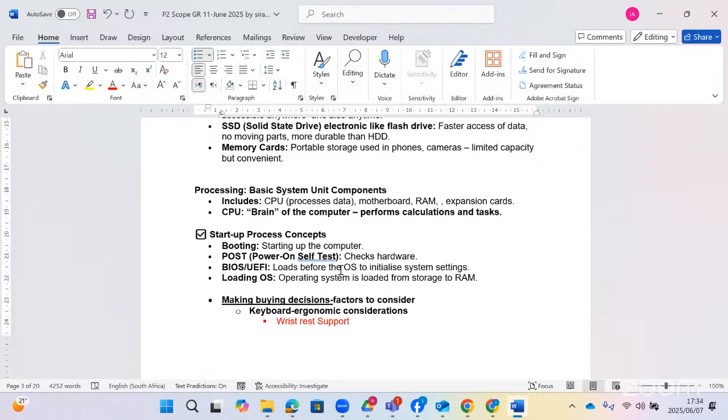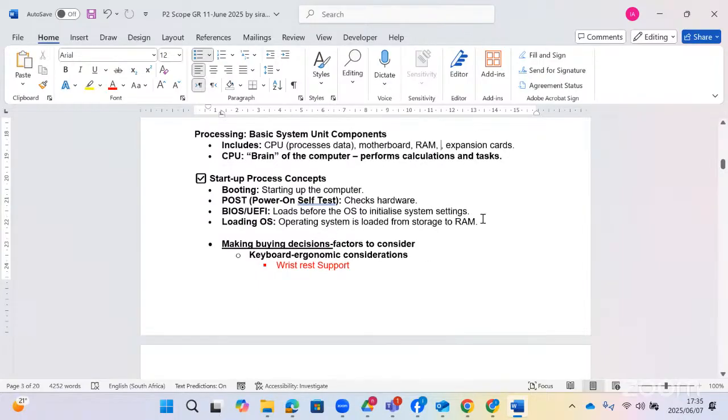If any hardware like the hard drive is not working, it's not going to boot or start up for you. And then we have the BIOS, basic input output system, which loads before the operating system to initialize the system settings. Then the operating system will be loaded from the storage and then to the RAM. So that's how the startup process works.